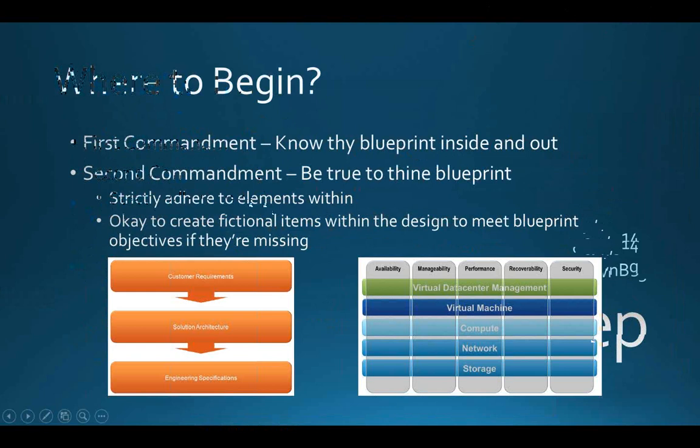You have to be able to relate that to a solution architecture, which is a logical design, and then take the components that you outline in that logical design and add physical hardware into it, as well as software, configuration, things like that. There needs to be a natural progression from one to the other.